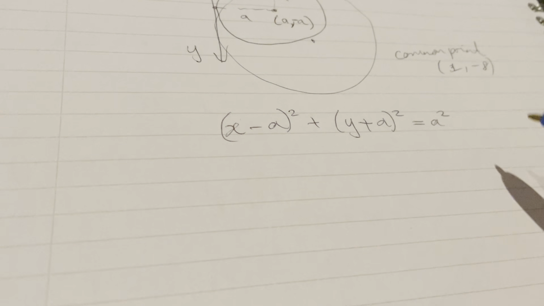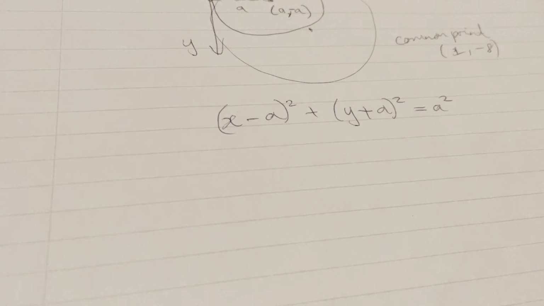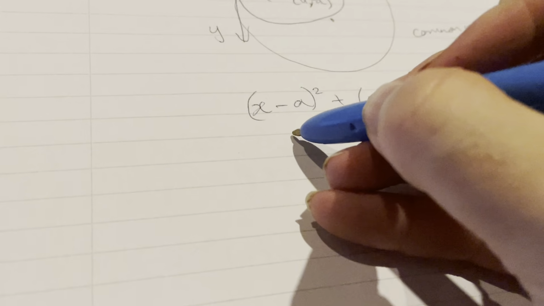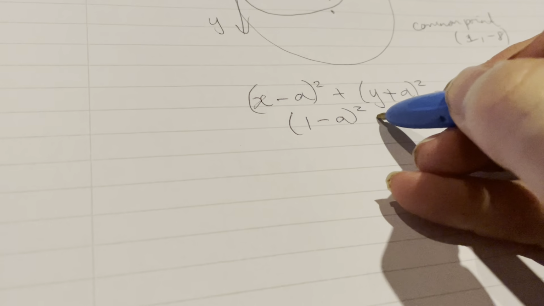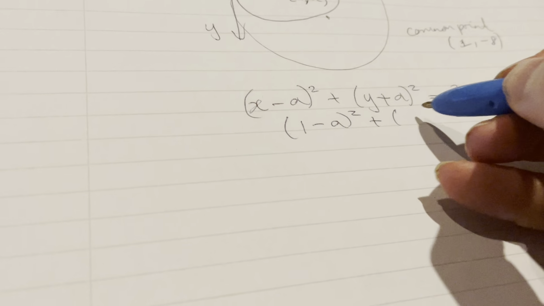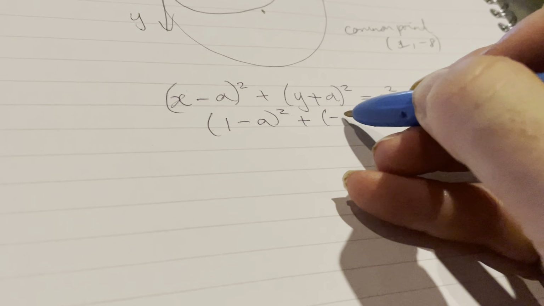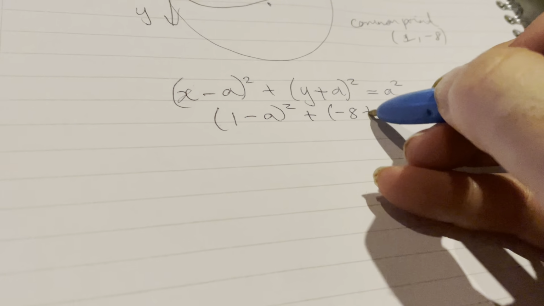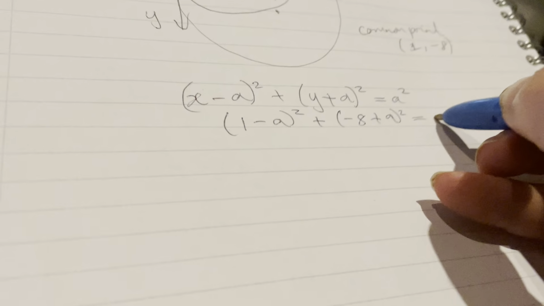Okay, so the common point is that, so plug her in. So we get (1 minus a) squared plus (minus 8 plus a) squared is equal to a squared.